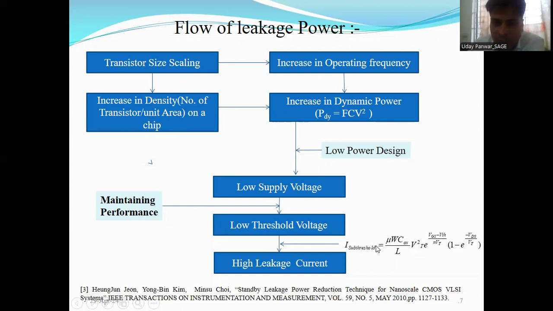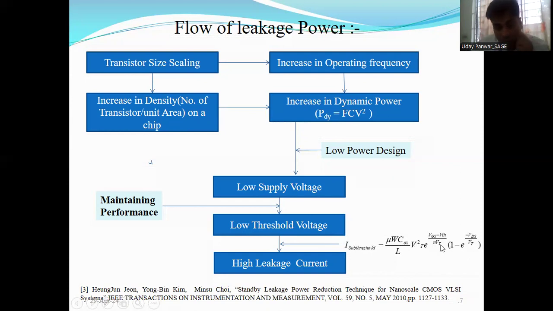This was not the case in earlier devices because we worked on a higher supply voltage. But as we reduce the supply, the threshold voltage becomes low and all the terminal voltages are reduced in the same manner, so they will increase the subthreshold current, or leakage current, of the device.